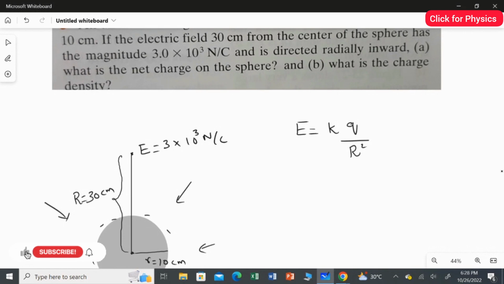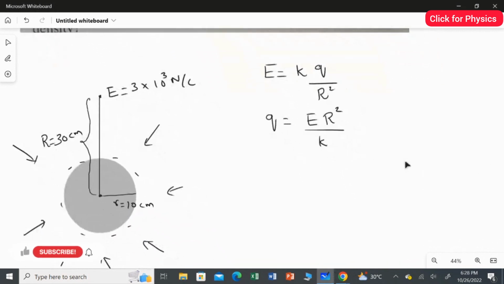Therefore, Q is equal to E multiplied by R square over K, where K is the Coulomb constant, which has the value of 8.99 multiplied by 10 to the power of 9. And we have the remaining two values in the question. The value for R from the center of the sphere to the point is 30 centimeter, the Coulomb constant is a constant which will be given, and the electrical field at this 30 centimeters is given as 3 multiplied by 10 to the power of 3.